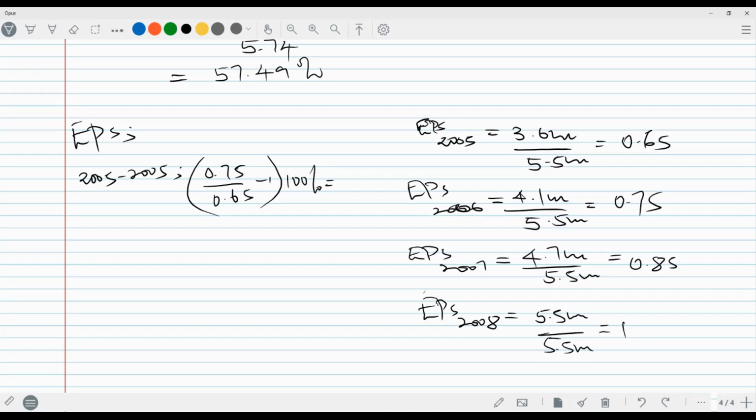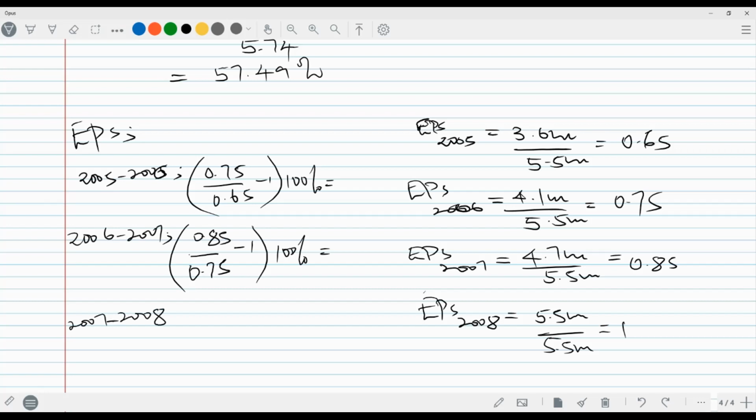Then 2006 to 2007: 0.85 divided by the previous year, 0.75, minus 1, in percent. Then you have 2007 to 2008, which will be equal to 1 divided by the previous year, 0.85, minus 1, in percent.